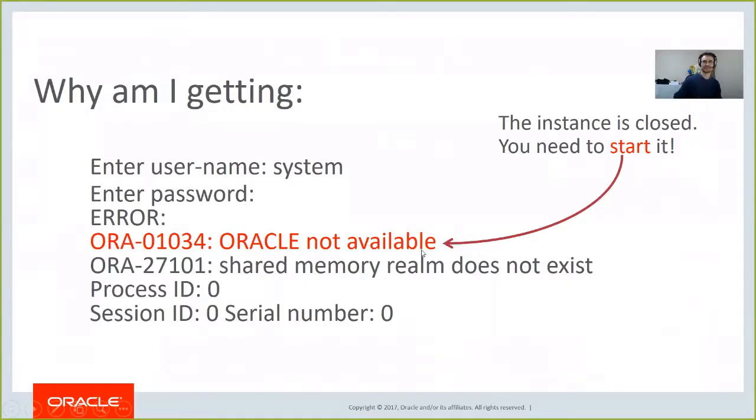You cannot access the database because it's not running. So the solution's easy. You just need to start your database up. I'm not going to get into the details of exactly how you do that, because it depends on whether you're on Windows, Linux, and how you configured it. But basically, if you see this 1034 error, your database isn't running. You need to get it going.